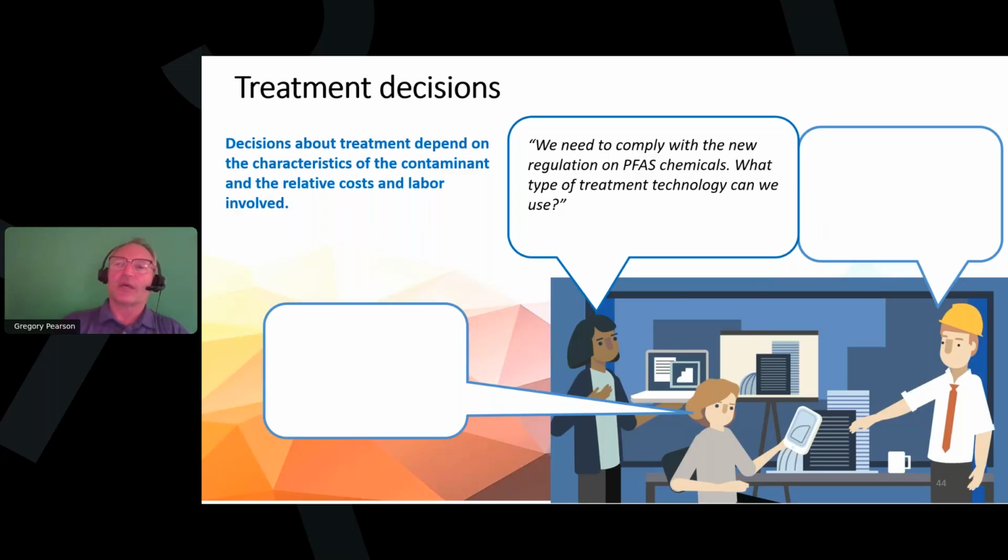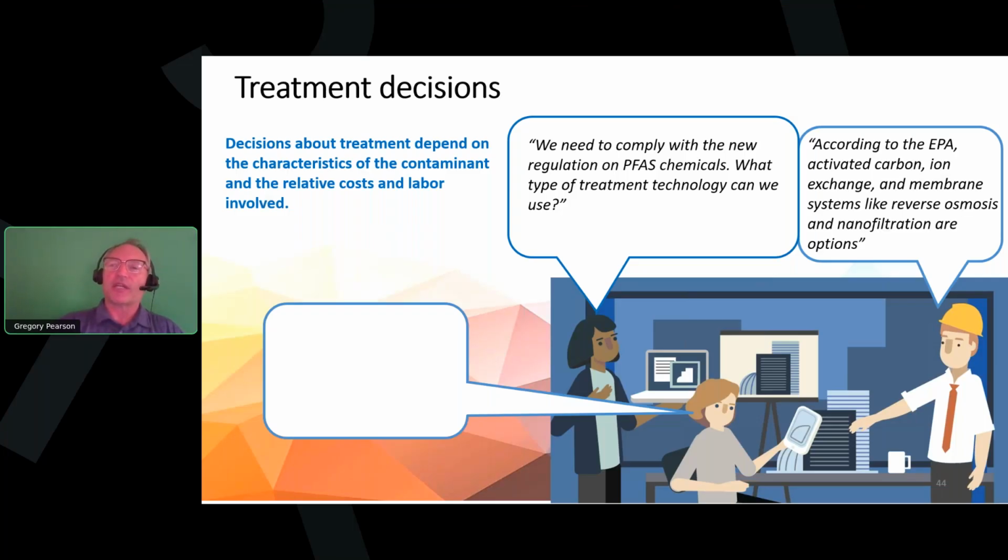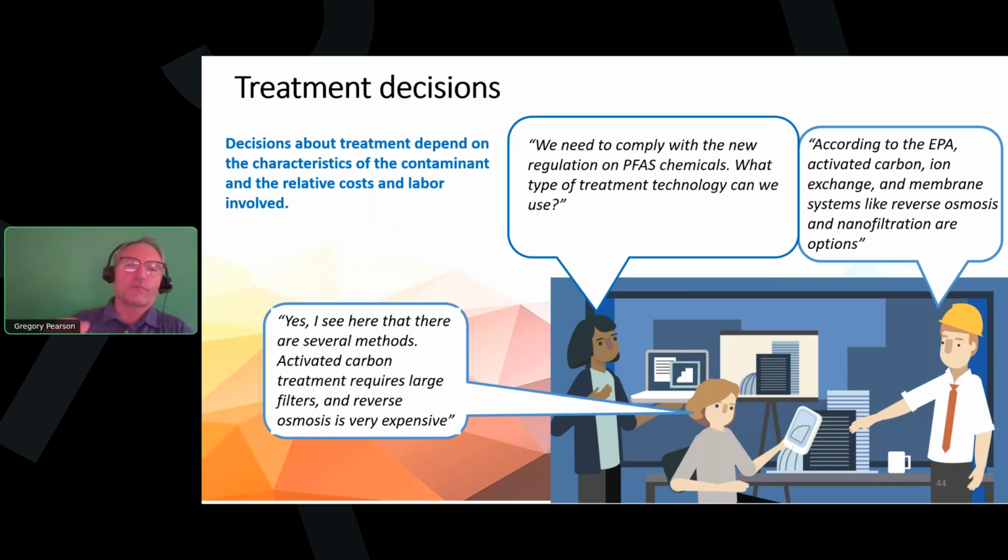For example, there's regulations on PFAS chemicals that are coming up. And if we look at a conversation going on in a utility, they're asking what type of treatment technology can we use? And if we look at the EPA recommendations, which I shared with you in the references, activated carbon, ion exchange, and membrane systems are all options.